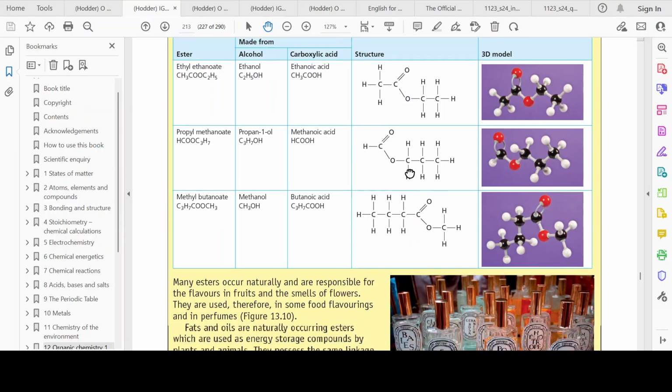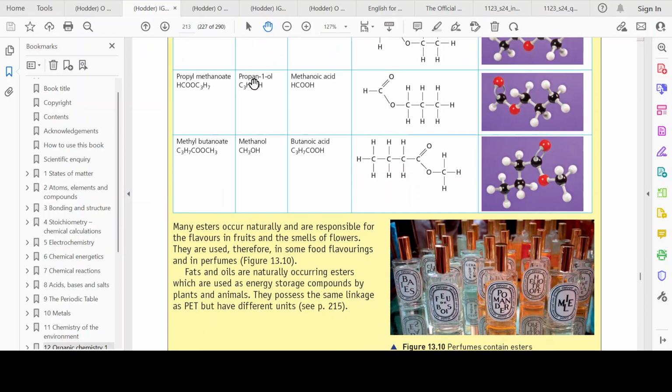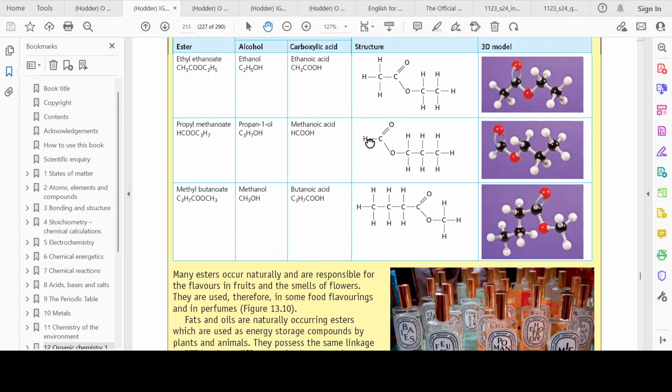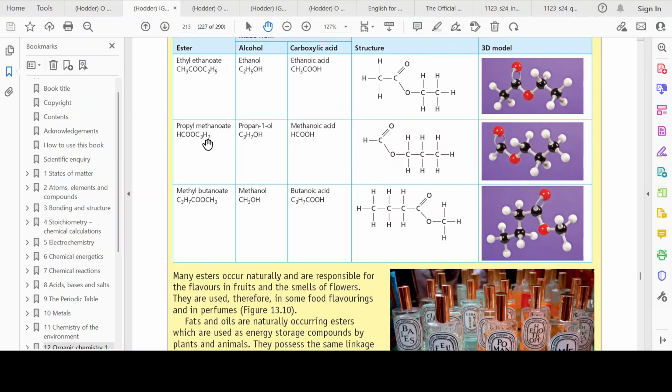Then you've got propan-1-ol, so propanol basically, and methanoic acid. To name this, you're going to get propyl methanoate. They haven't given the complete displayed formula, it's just the structural formula.